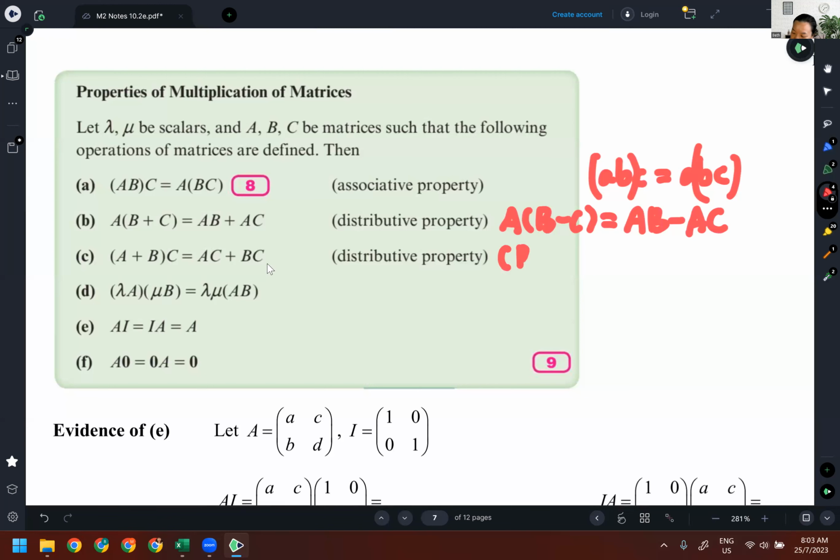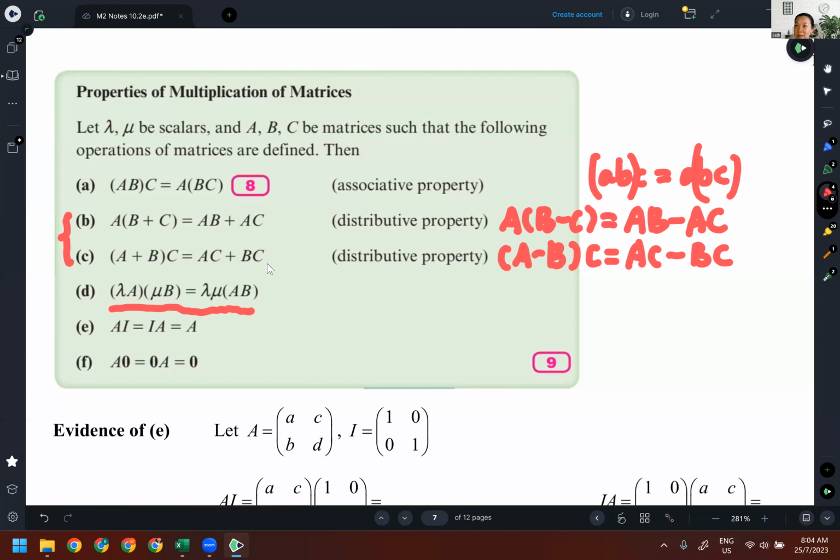And (A minus B) times C equals AC minus BC. You can expand. This may be the most mysterious, but trust me, it's the same. The last one, the fourth one.